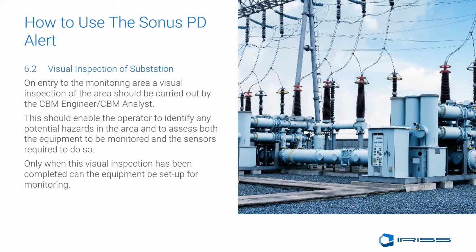Section 6.2 Visual Inspection of Substations. On entry to the monitoring area, a visual inspection of the area should be carried out by the CBM engineer or CBM analyst. This should enable the operator to identify any potential hazards in the area and to assess both the equipment to be monitored and the sensors required to do so. Only when this visual inspection has been completed can the equipment be set up for monitoring.